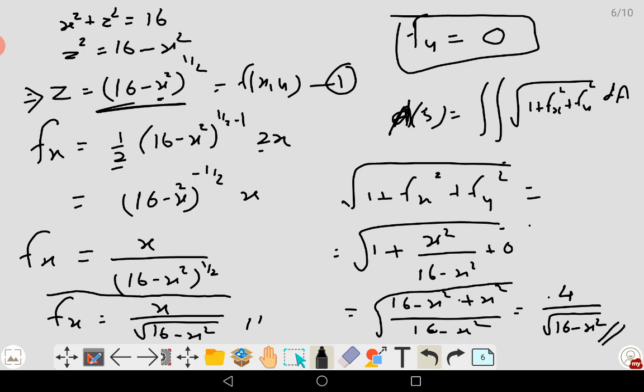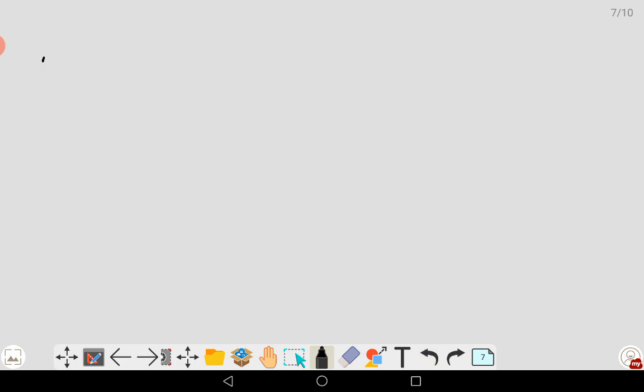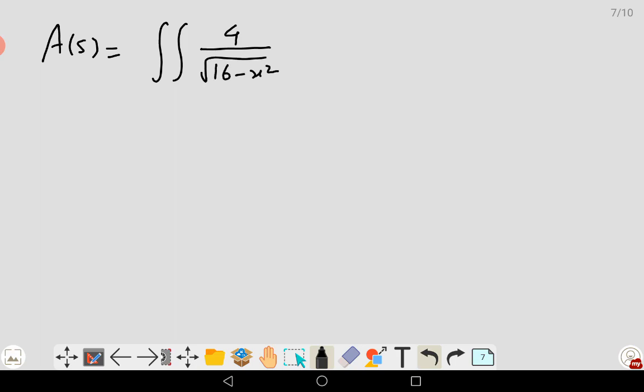This is the integrand this time. So in the next step we will write area of S, which is equal to double integral. We will write the limits of x, y, 4 over square root of 16 minus x square dx and dy, the limit of x and y given, isn't it?